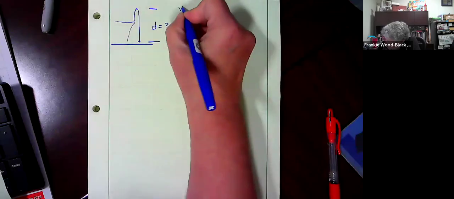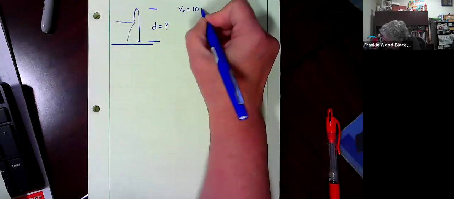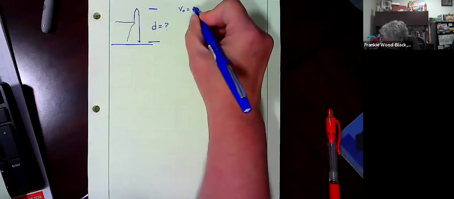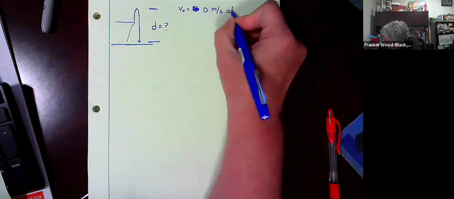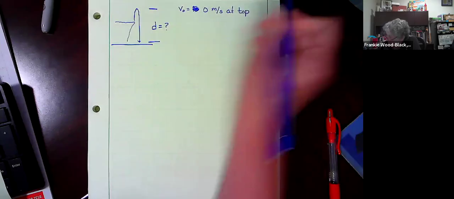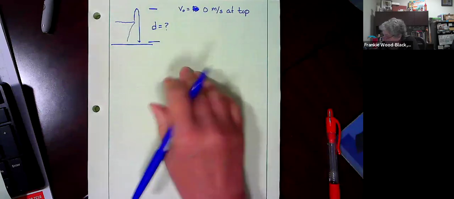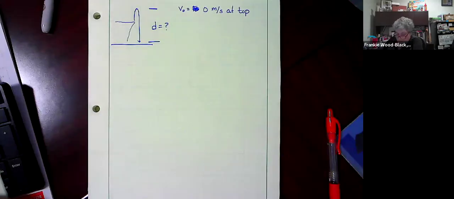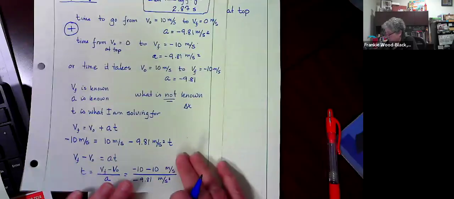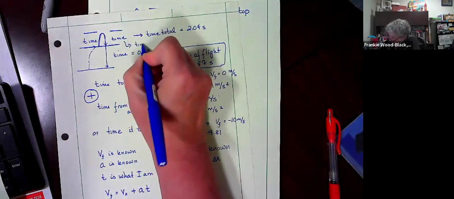Well, at the top, we know my initial velocity is going to equal 0 meters per second. We also know one of the things, we might need this time, but we can figure that time out.